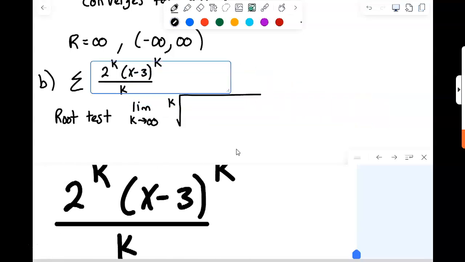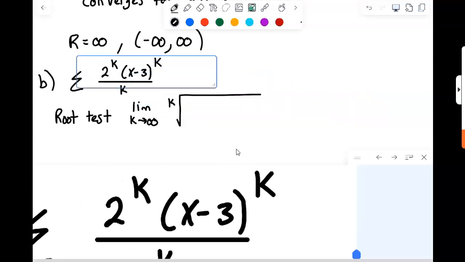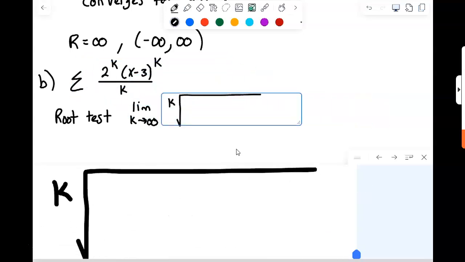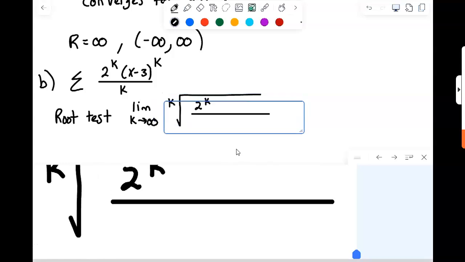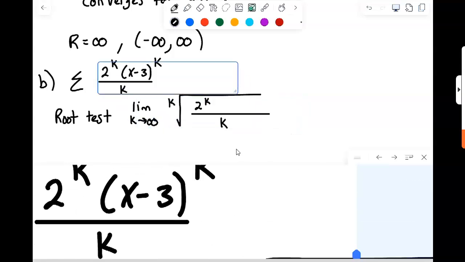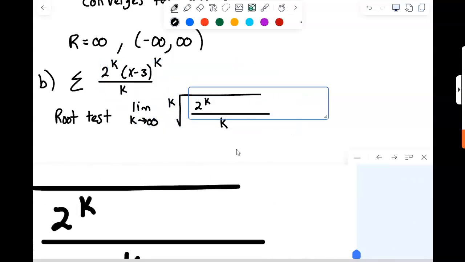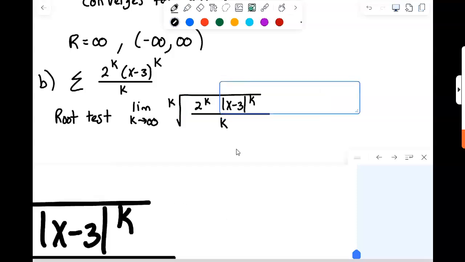Now, when I apply absolute value, I'm going to be a little liberal here. 2 to the k is always going to be positive, so I'll just go ahead and write 2 to the k. k is always going to be positive, so I'm going to just write k. The x minus 3 may not, so that'll be the absolute value of x minus 3 raised to the k power.